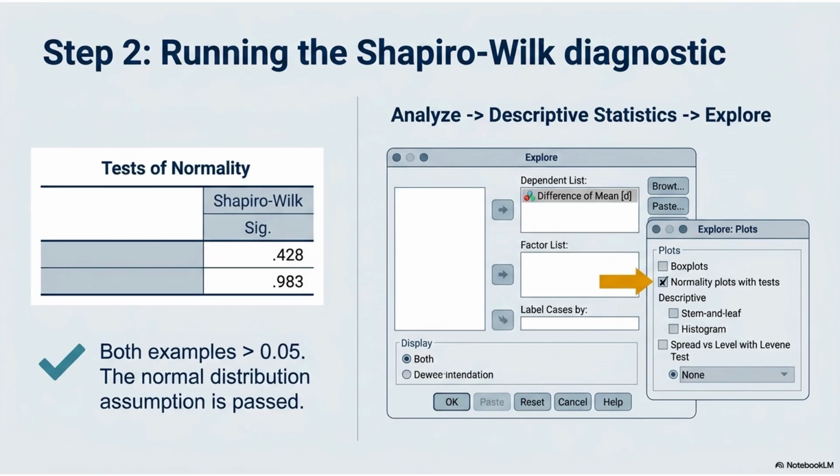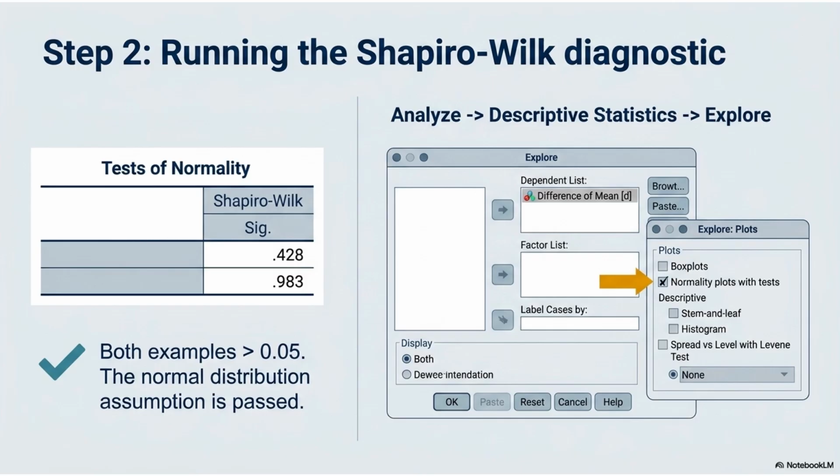First, go to Analyze, Descriptive Statistics, and Explore. In Explore, move the difference variable into the Dependent List and press the Plots button and check Normality plots with tests, press Continue, then the OK button.